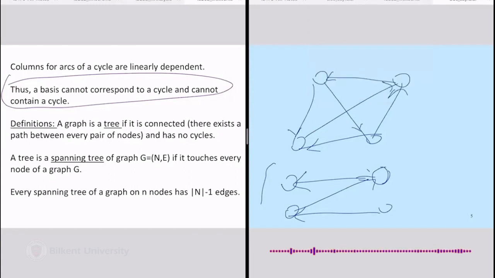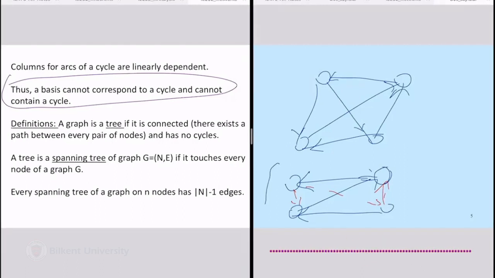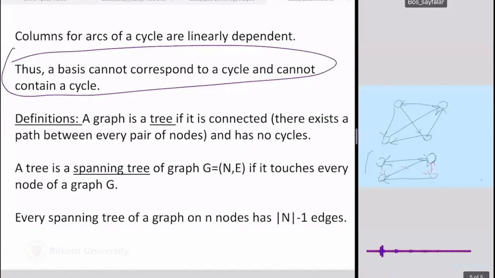Oops, cycle. This one, cycle. This one, the cycle with everything. All right. So that brings us to this observation: any graph on n nodes will have n-1 arcs in the spanning tree.